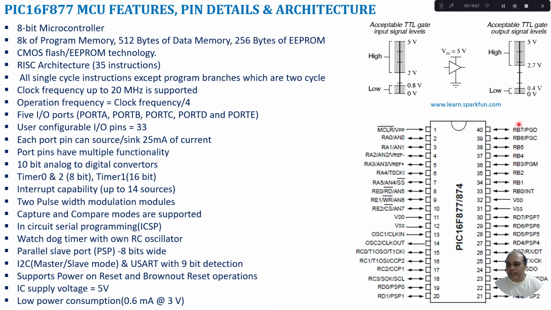Those pins are PGD, PGC, and PGM. PGD is for programming data, PGC is the programming clock, and PGM is for low voltage programming. These three pins I can use for putting the opcode file into the program memory of the microcontroller. So without removing the IC, I can do the programming part.